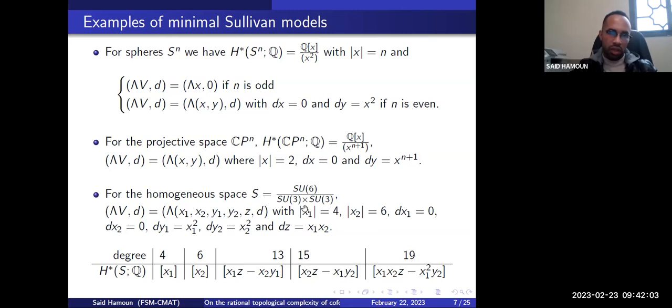And note that all these spaces considered here are elliptic, because their rational cohomology is finite, as you can see, and also the rational homotopy corresponds to a finite dimensional vector space.